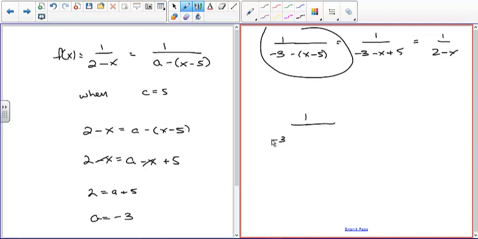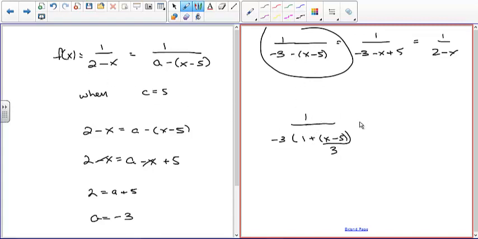Actually, I'm going to factor out a negative 3. So I'll have negative 3 times 1 plus the quantity x minus 5, divided by 3. If I multiply it back out again, negative 3 times 1 is negative 3. Negative 3 times x minus 5 over 3 is that. Okay, so these are still equivalent. So this is equivalent to that.